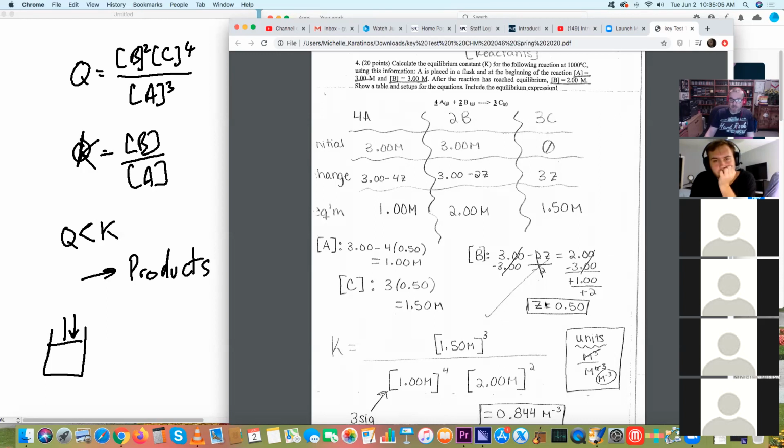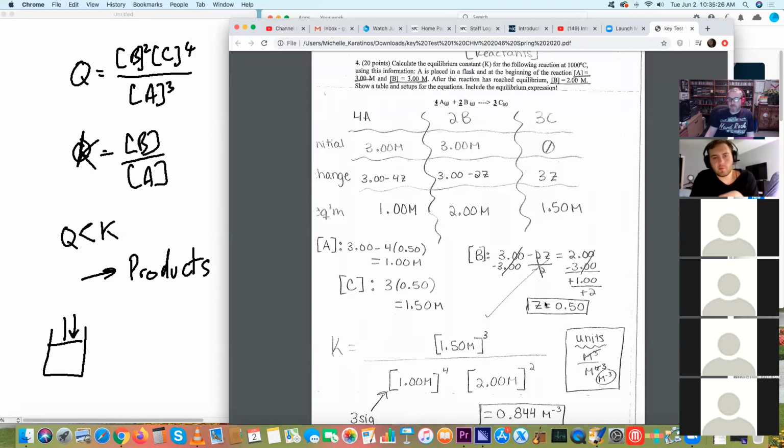The 2 there is a counting number. It's based on the reaction, and those are exact numbers. So it's not really 2 times Z, it's actually Z plus Z. So the answer for Z comes out to be 2 places past the decimal, which is why it's 0.50.